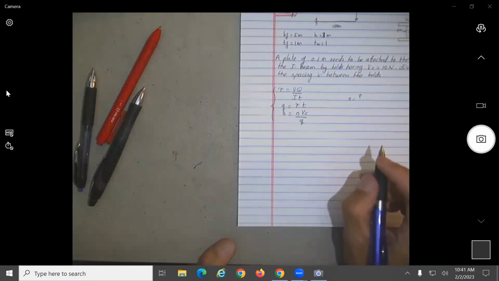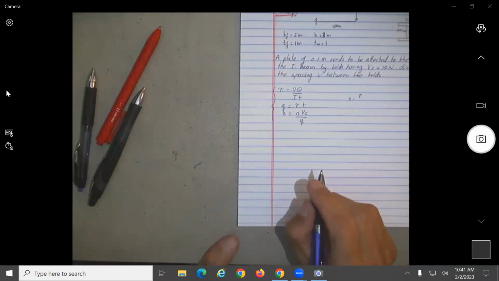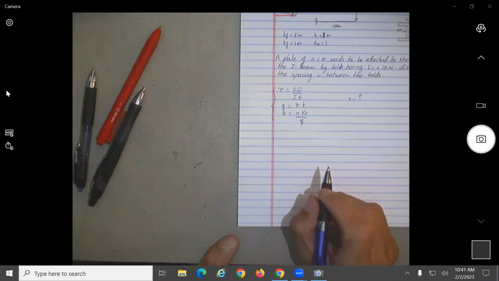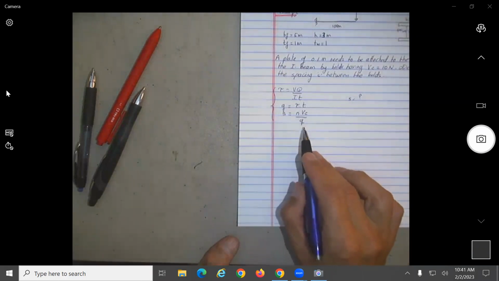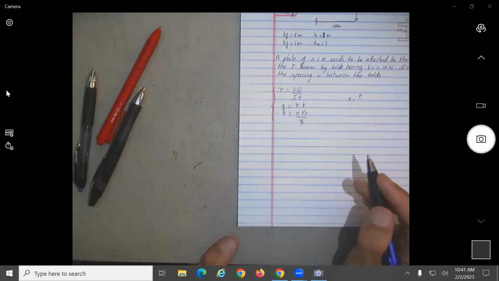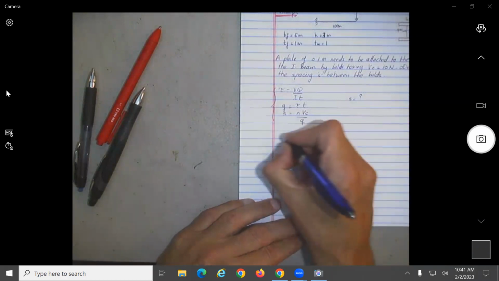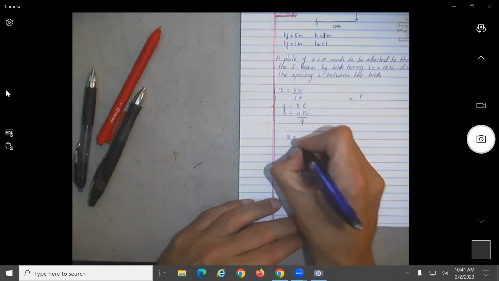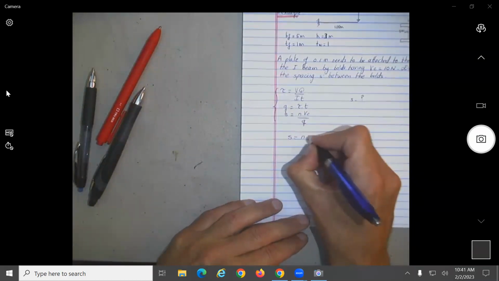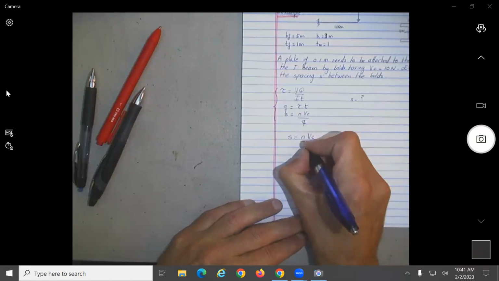So VC is given, and we can find out Q, which is pretty easy. So that means we'll have S equal to N BC.